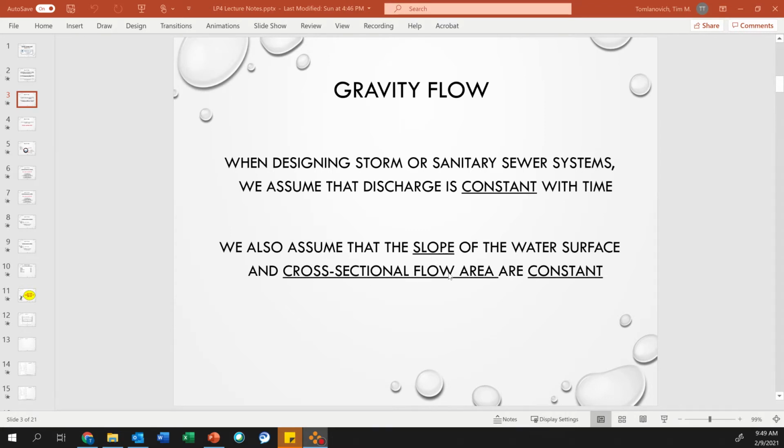We have to make some design assumptions to make our design work. In reality, that is not true, especially when you look at stormwater. There's probably a constant small steady flow going through there, but when it rains, all of a sudden it increases, then it decreases again. The same with sanitary sewer.